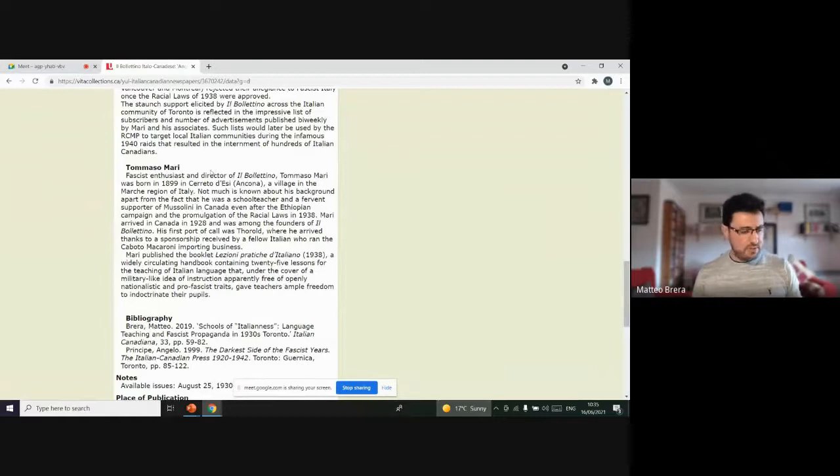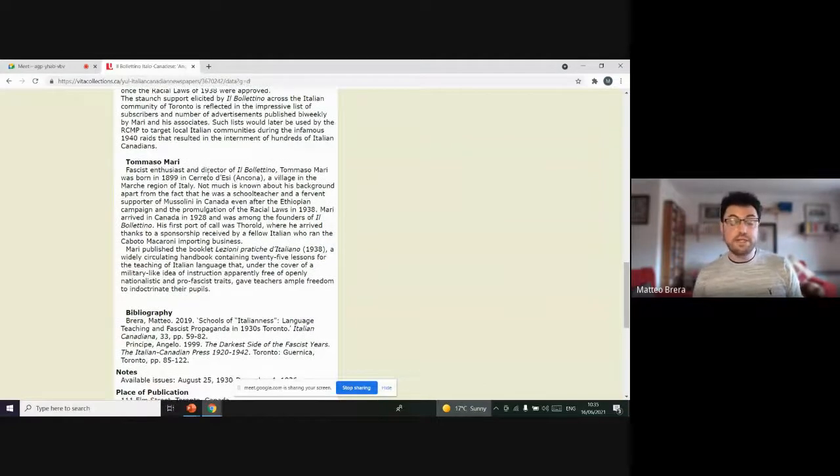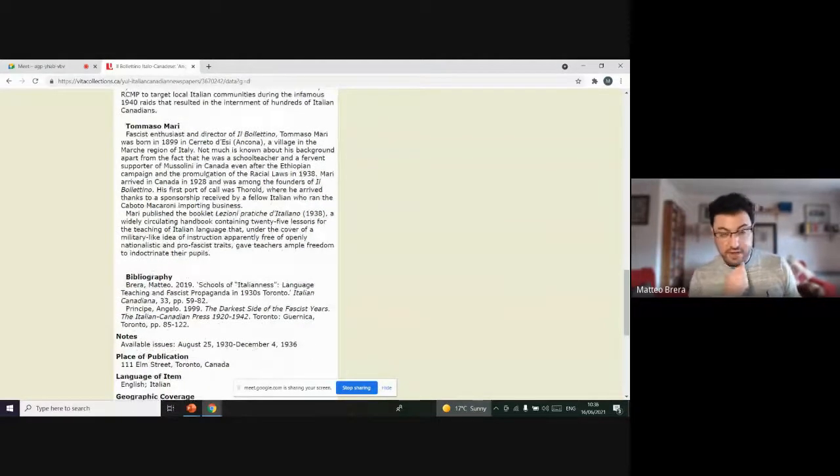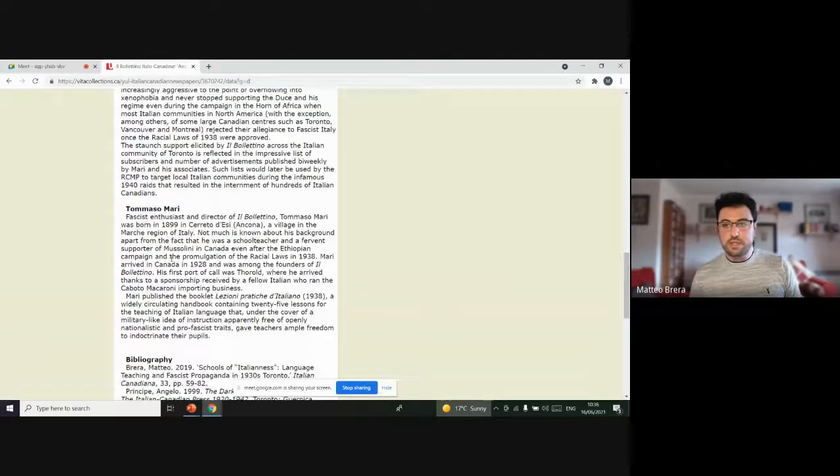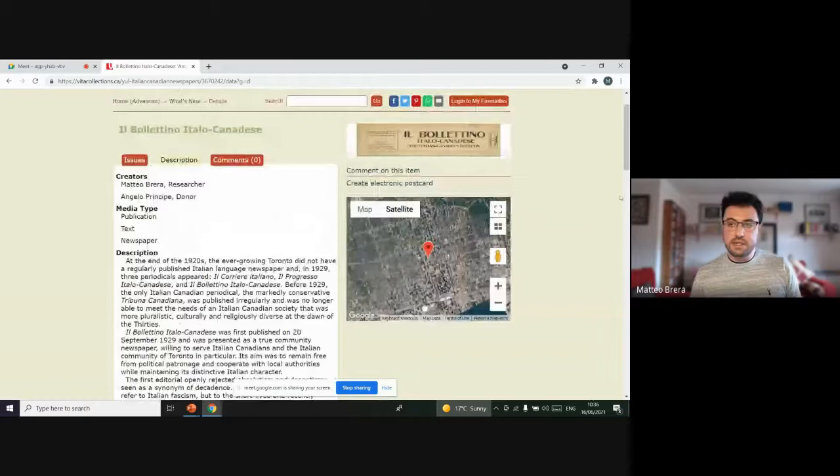In this case, Tommaso Mari was a fascist enthusiast and the director of the Bollettino Italo-Canadese, which was, as I said, the main fascist publication of Canada, and one of the most relevant in North America at the time. And of course, I've included some bibliography at the bottom as a starting hint for someone who might be interested in the matter.